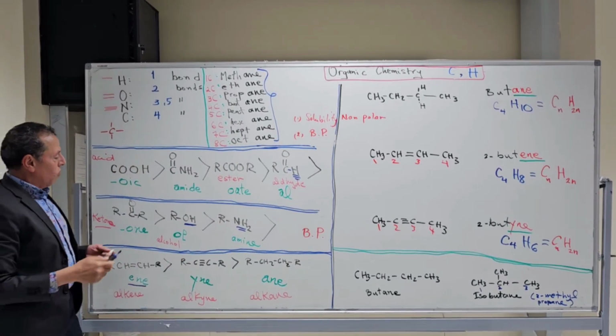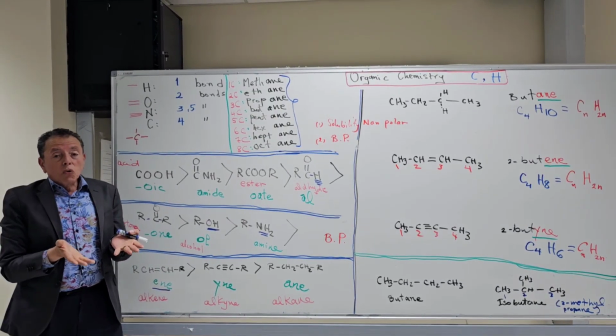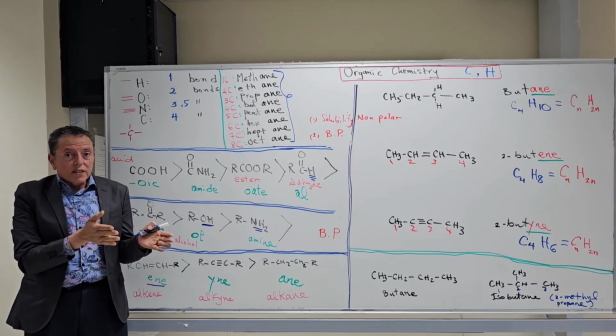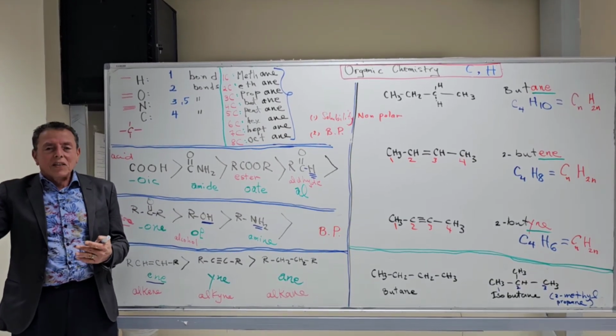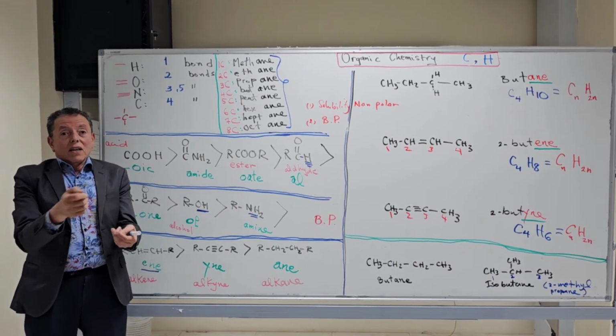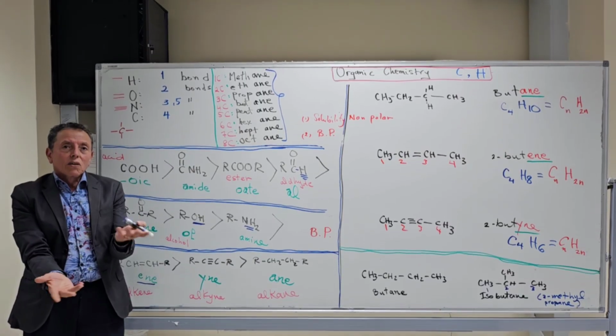What does boiling point mean? It means the compound evaporates, changing from the liquid state to the vapor state. Like when you have water and you boil it, if you keep it boiling, the water decreases.